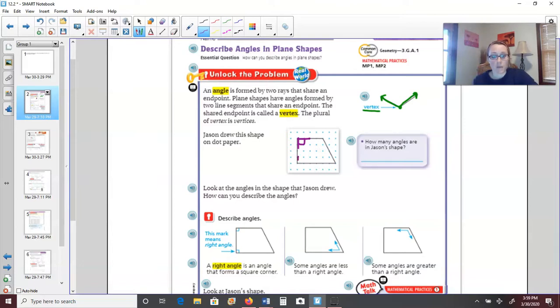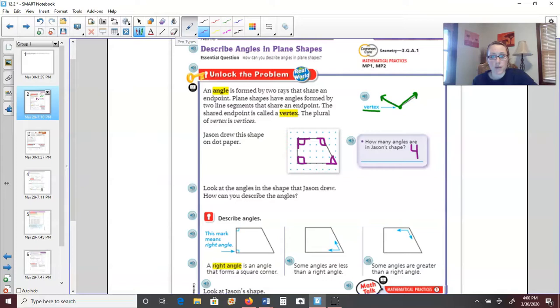Then we have this bottom corner of the shape, so that's a second angle. And these are perfect corners, by the way. Then up here in the top right, we have another angle formed by those 2 segments. And then in the bottom corner, we have an angle formed. So altogether, there are 4 angles in Jason's shape.